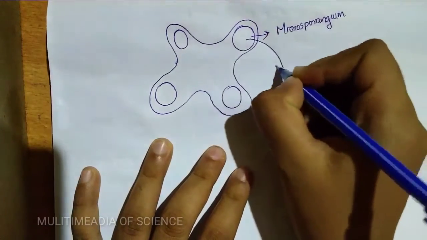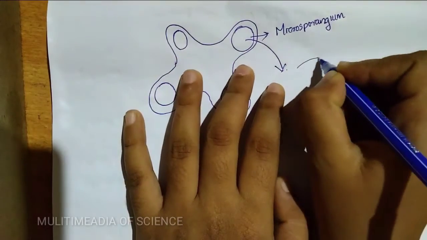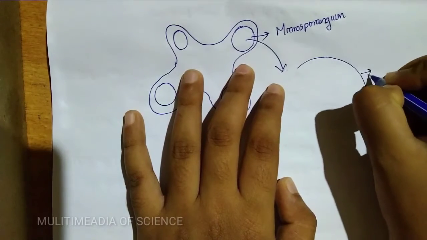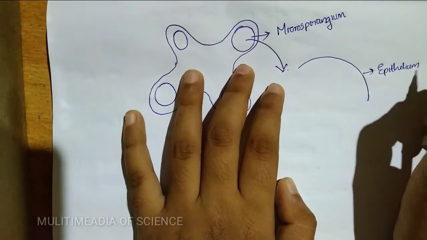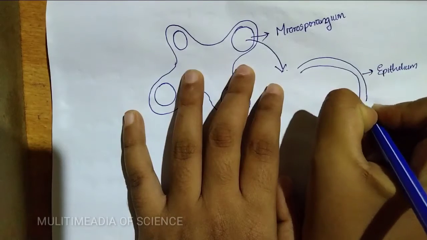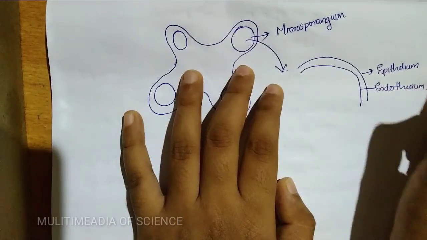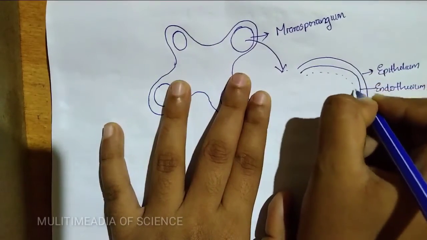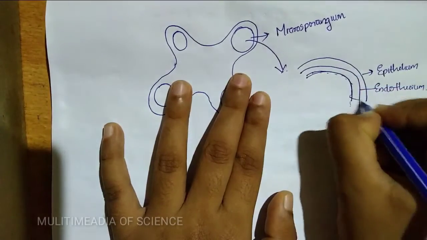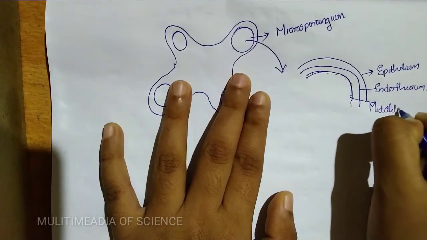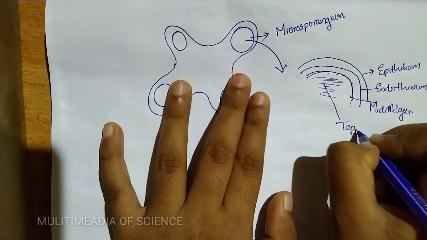In the actual figure given in the NCERT textbook, the outer layer is called the epidermis, the second layer is the endothecium, the third one is the middle layer, and inner to this is the tapetum.